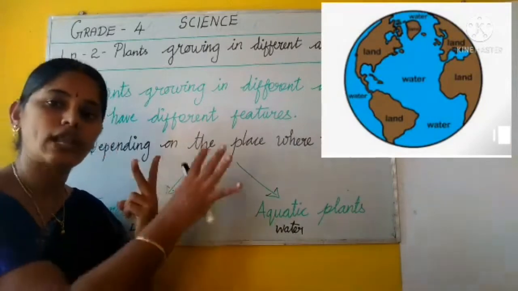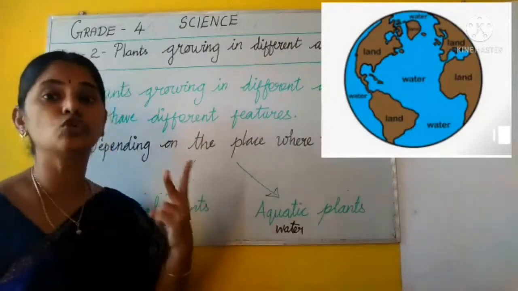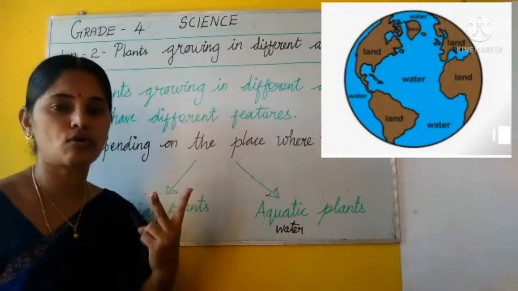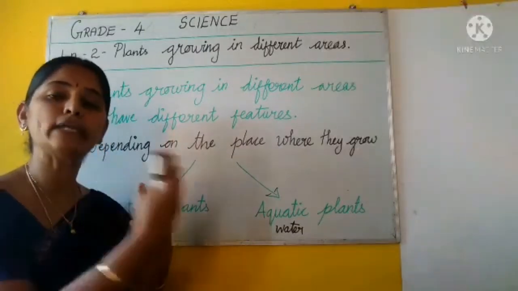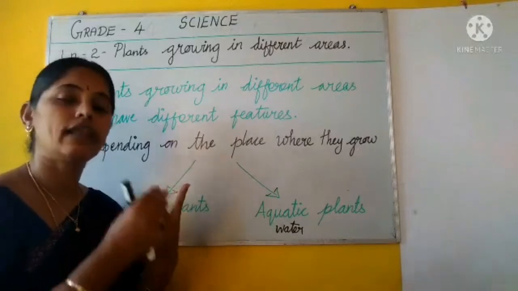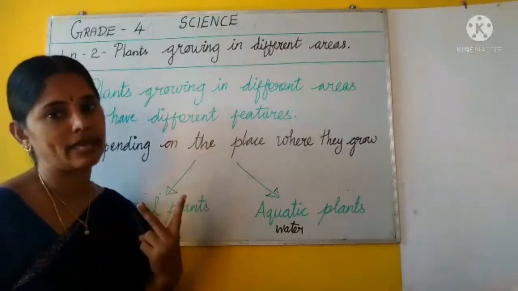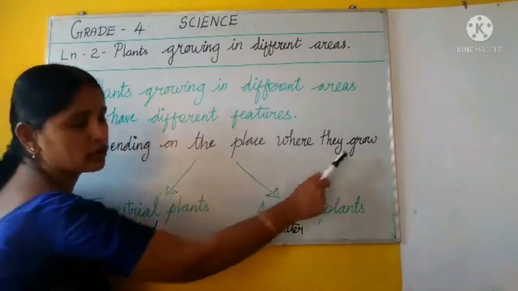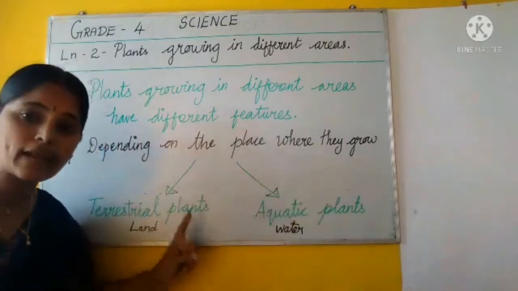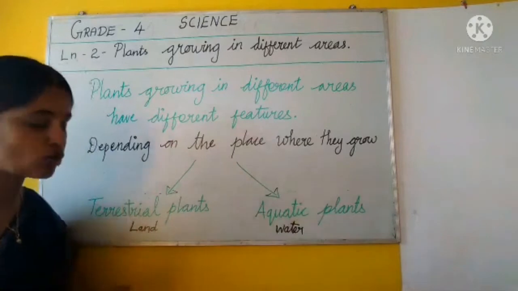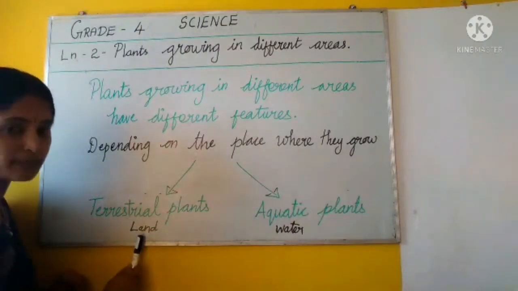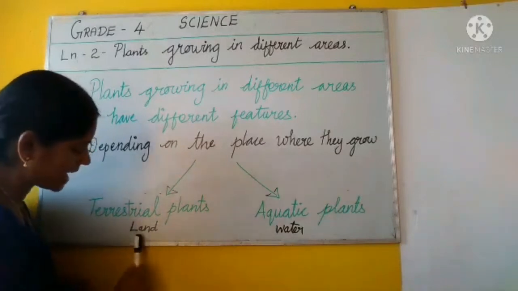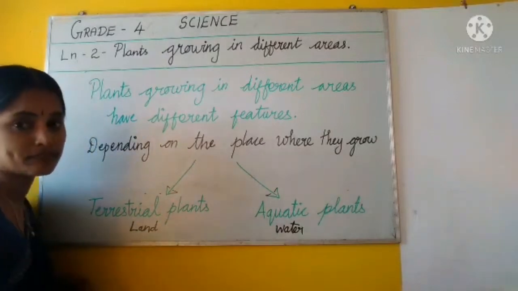So land plants and water plants are the two main groups. We can divide them further into subgroups, but the two main groups of plants are land plants and water plants.